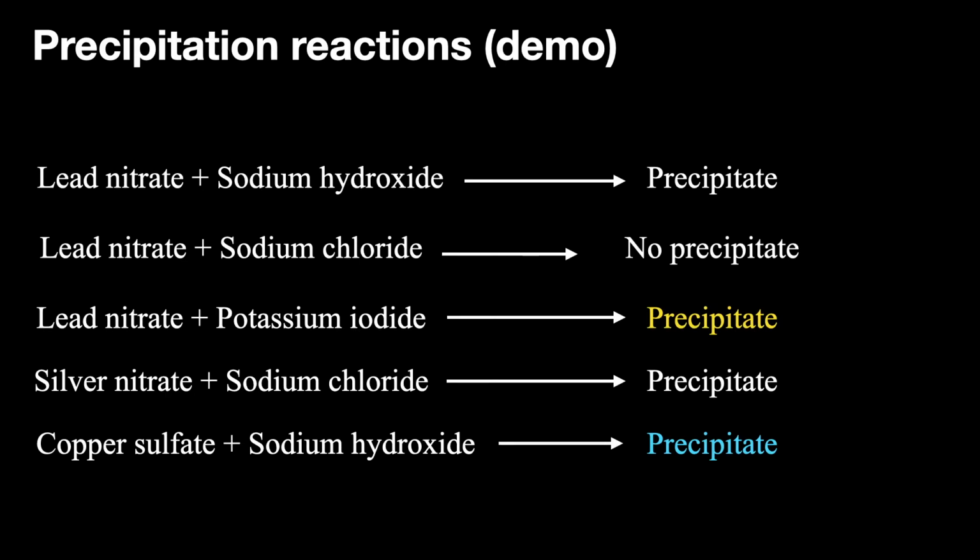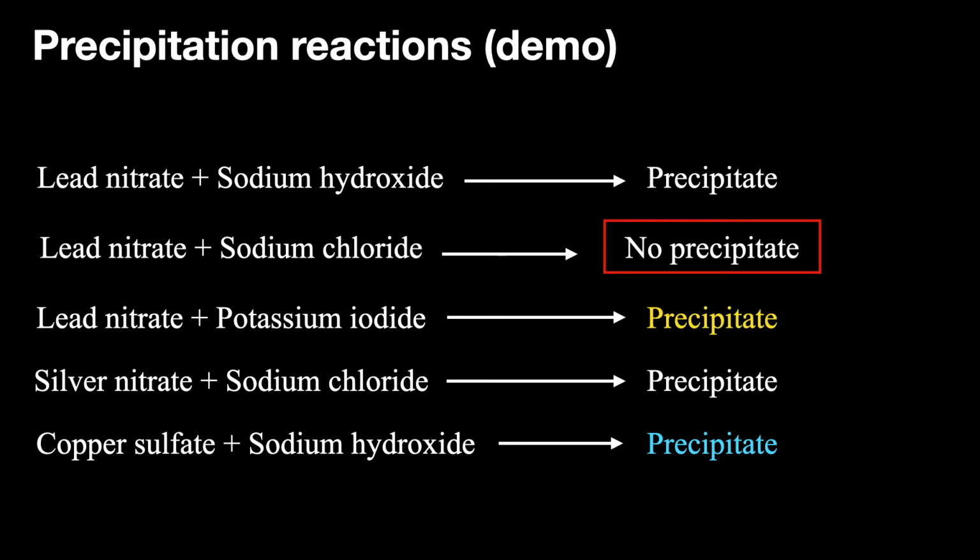Now it's worth noticing that no precipitate formed with the lead nitrate and the sodium chloride. If we look at our solubility table, we'll notice that lead nitrate and sodium chloride are both soluble, and sodium nitrate would be soluble because it's a nitrate.